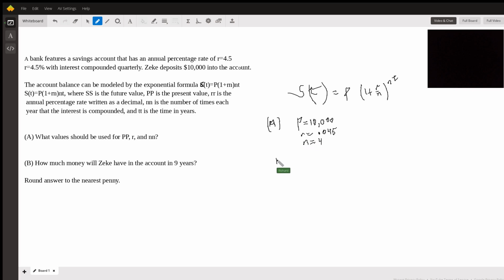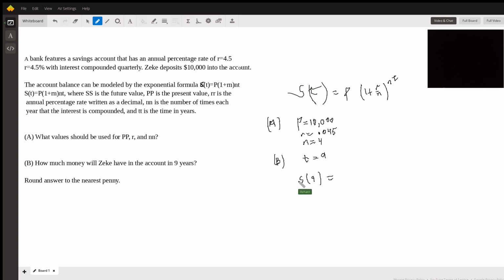And part B is telling us that T, time, is 9 years. So let's plug this in. So S of 9. I don't usually use this notation S of t. You'll more often see this represented by the variable A, which is the future amount.